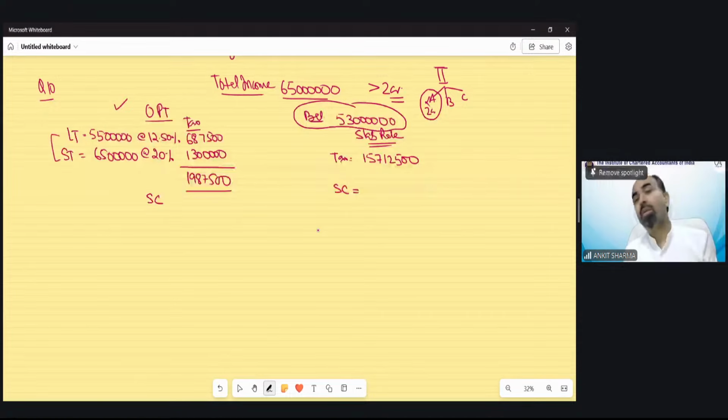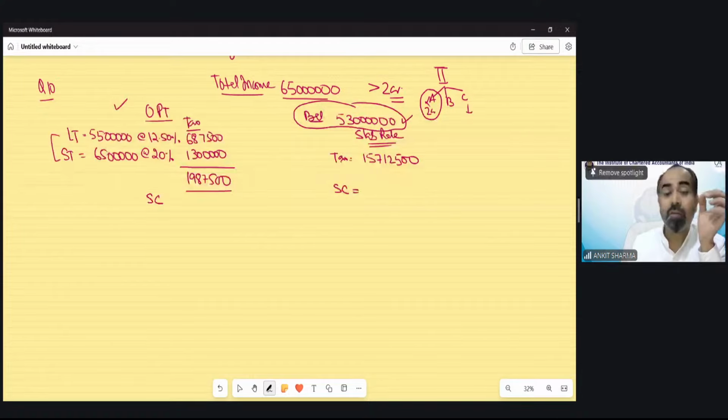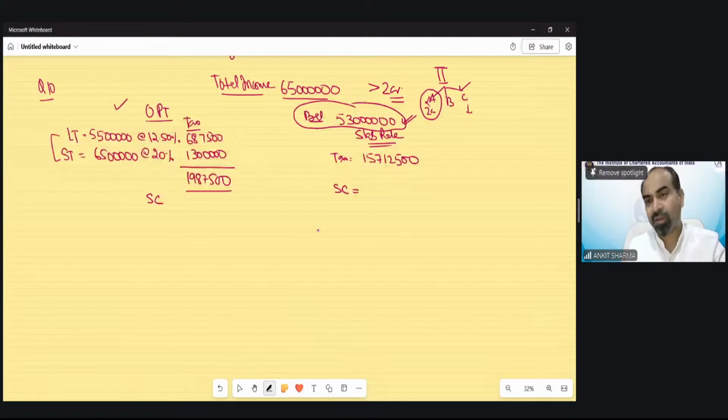When income including special income exceeds 2 crore, B could be applicable. But C was when income exceeds 2 crore without including special category income. So when your other income exceeds 2 crore, C would be applicable. So C is applicable in this example.